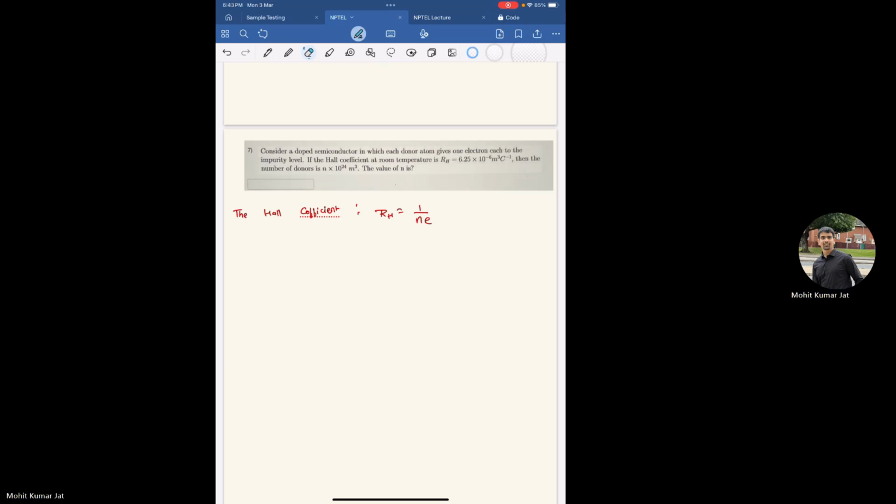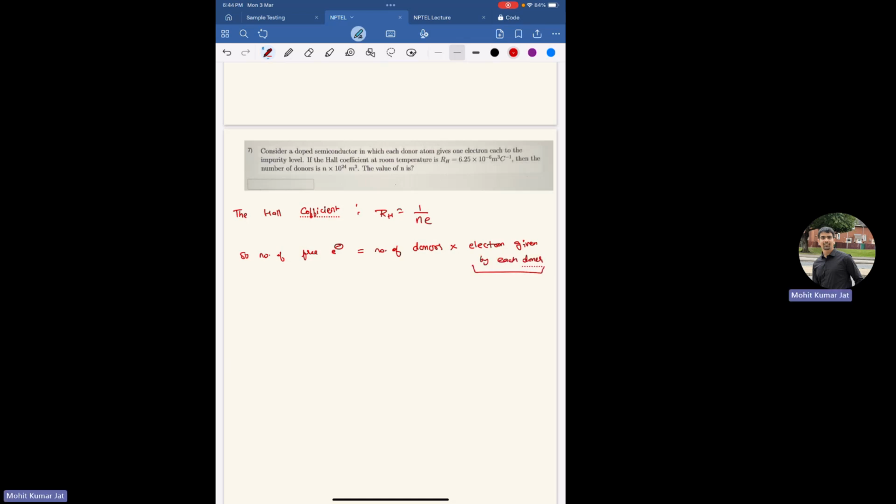So the number of electrons equals the number of donors times the electrons given by each donor.